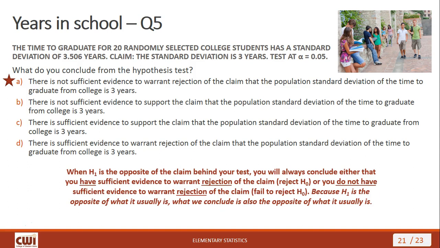Keep in mind that when you have that two-tailed test, the wording you want to say in your conclusion is warrant rejection of the claim and not support the claim. And then, depending upon whether you reject H0 or fail to reject H0, you're going to say you have sufficient evidence or you do not have sufficient evidence, respectively.